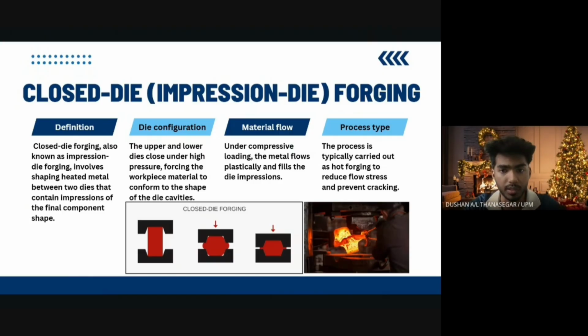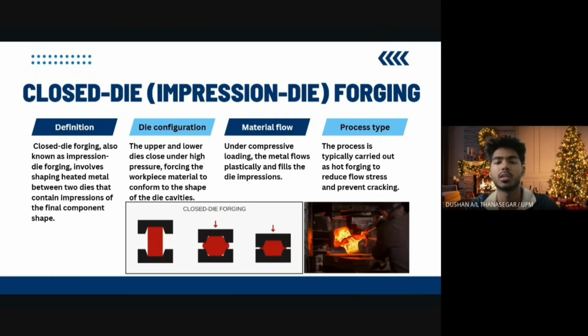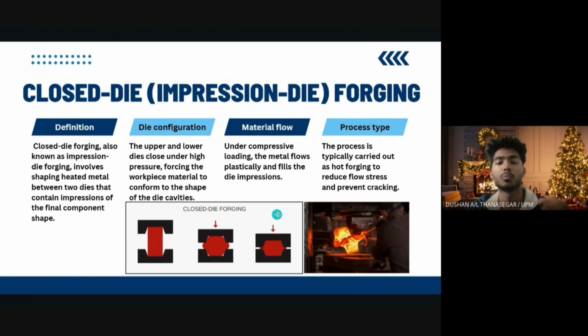In terms of die configuration, we use an upper and lower die. As these dies close under high pressure, the workpiece material plastically deforms and fills the shape. Looking at the material flow, the metal experiences compressive loading, which causes it to flow smoothly into the impressions.